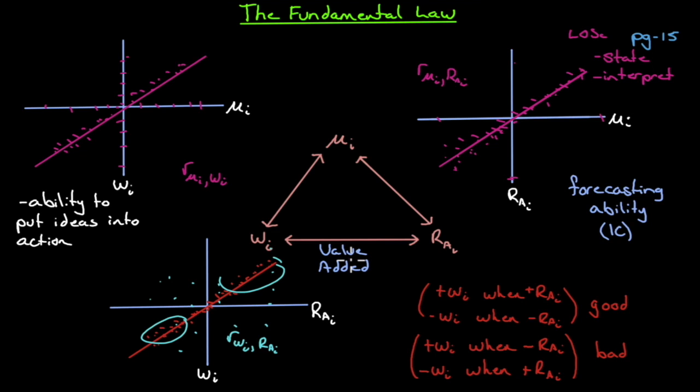That's basically what we're getting at with the fundamental law. But we're going to state the fundamental law in terms of the information coefficient and the transfer coefficient. So remember IC and TC, we're going to use them in a formula.